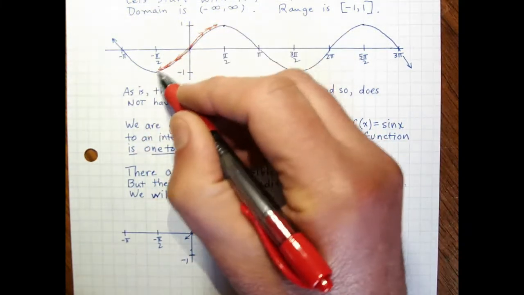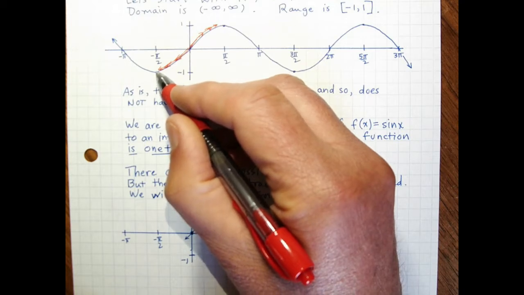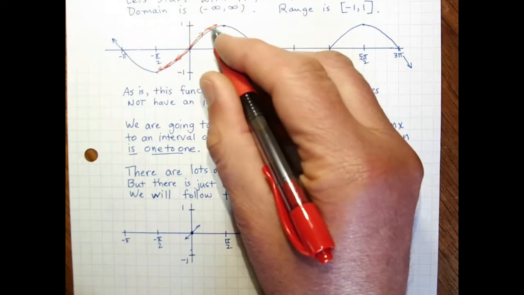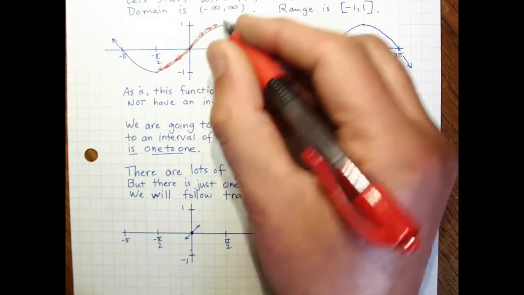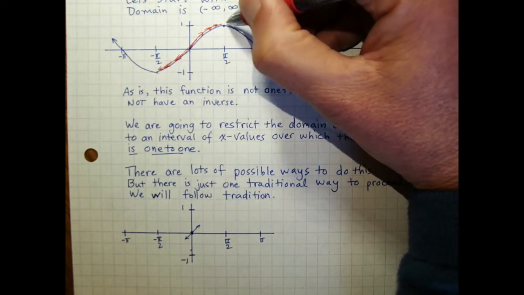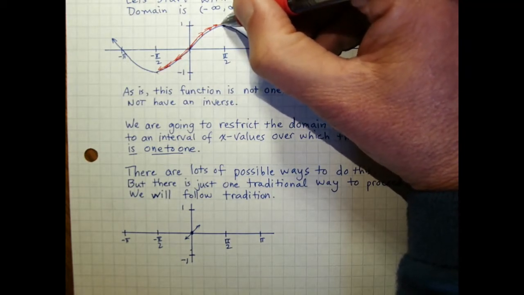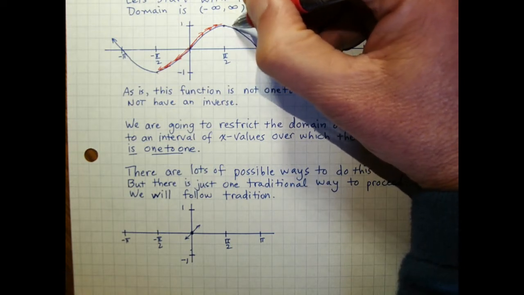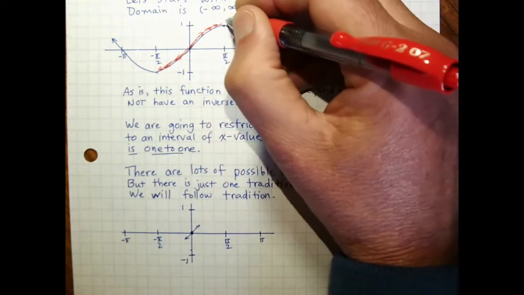Well, we can extend all the way down here to the point at -pi over 2, and we can extend all the way to the point here at pi over 2. But if I try to go further than pi over 2, we hit this max point, and when we cross beyond, we start falling again. So we're going to lose one-to-oneness.